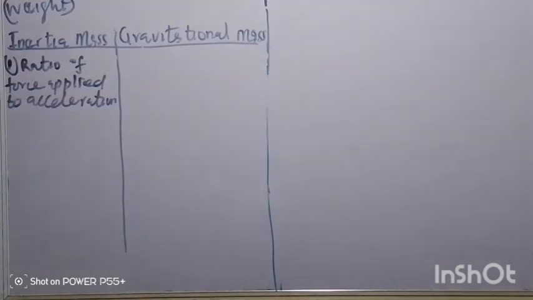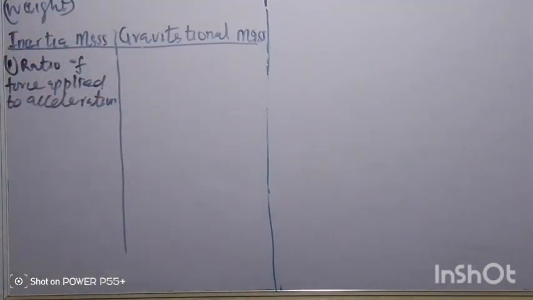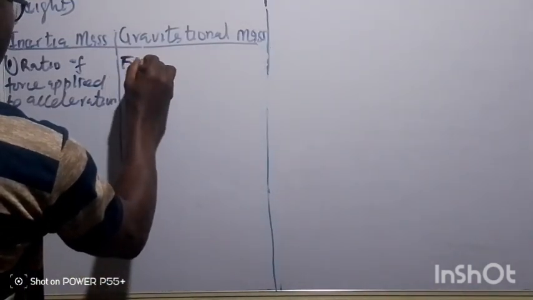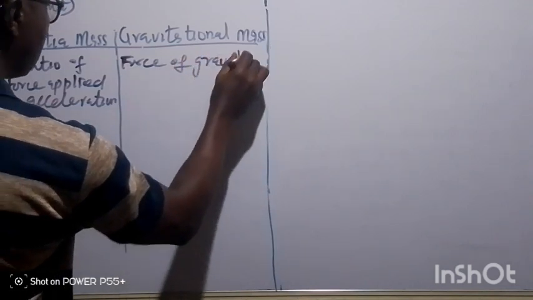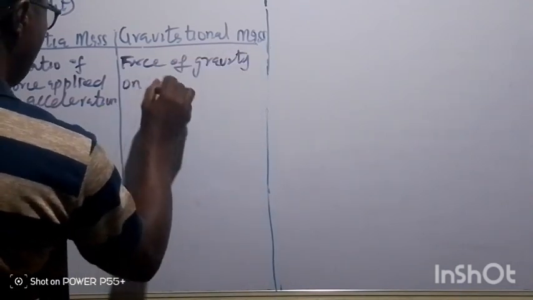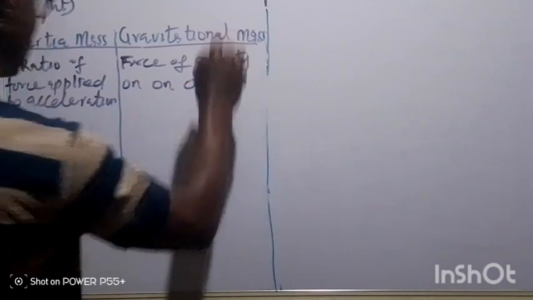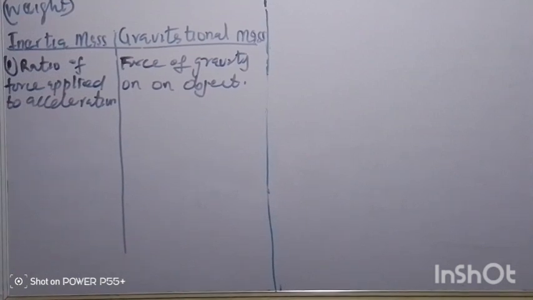While gravitational mass is the force of gravity on an object, or you call it gravitational pull on an object. That's the first difference.